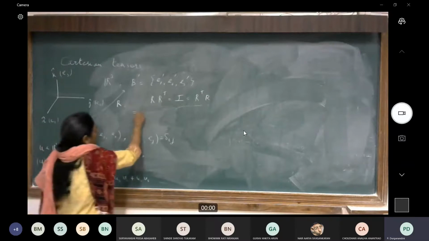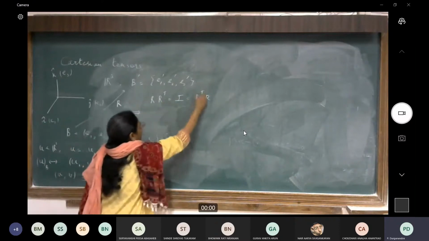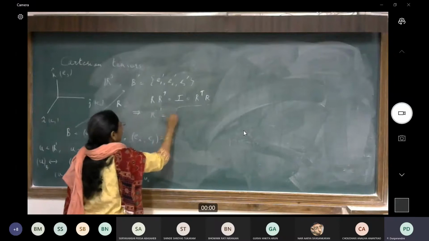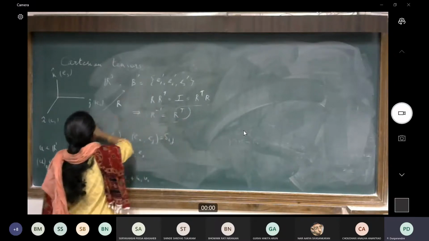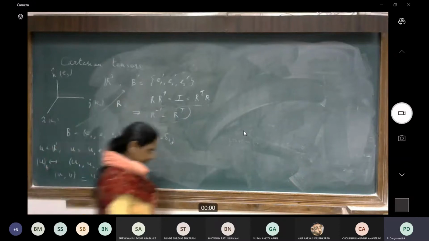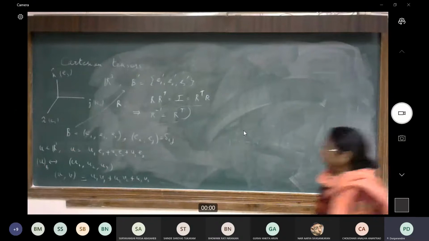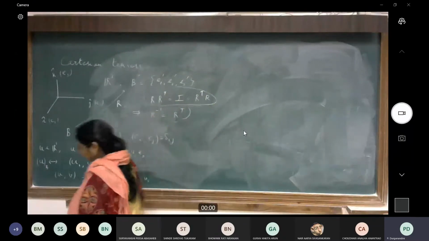What this implies is that you have both a right inverse and a left inverse. Please remember this is transpose. So it tells me that R inverse is equal to R transpose. Because it's a transformation which takes you from one basis to another basis, R is invertible, and this, by definition, is an orthogonal matrix or an orthogonal transformation.